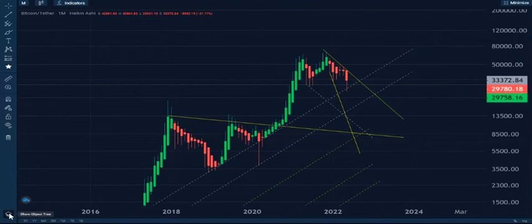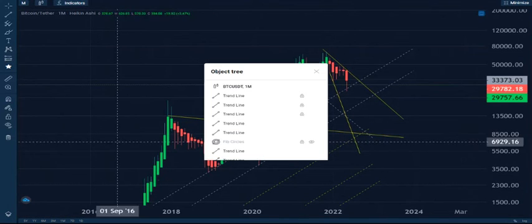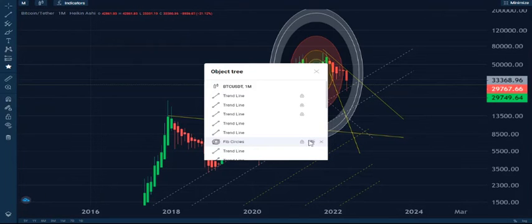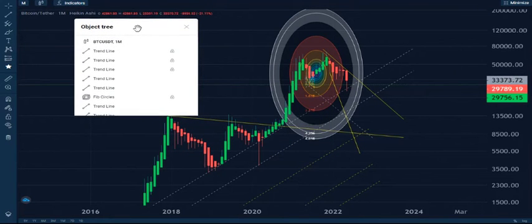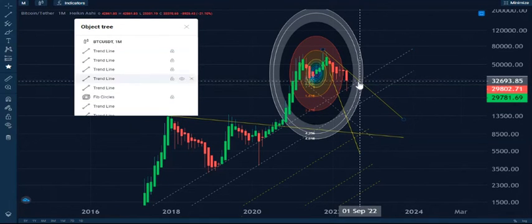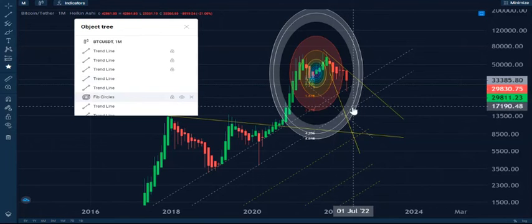So let's take a look at some tools now for our far out possible time frames and where we think we could be with price targets. So we have some confluence here, folks. Here at 33,000, we have some crossing. We have a lot of confluence here at 17, 18, and 19,000.